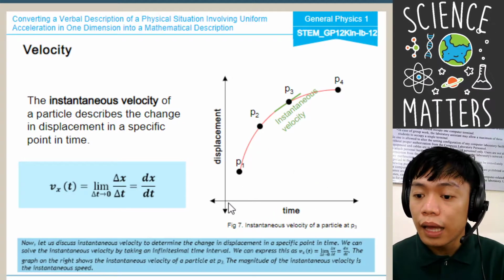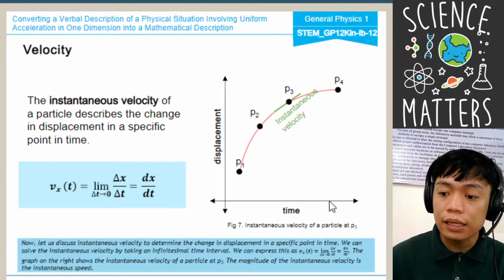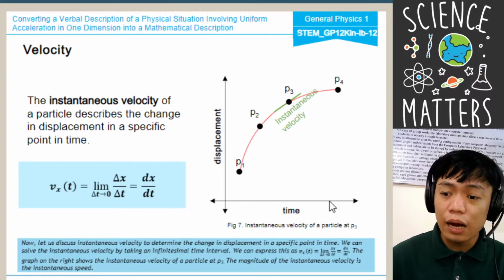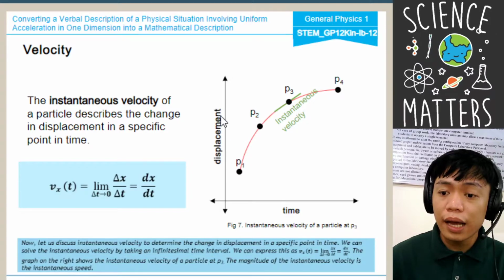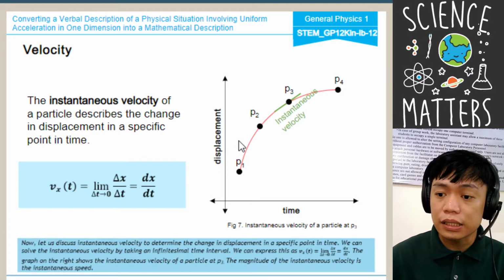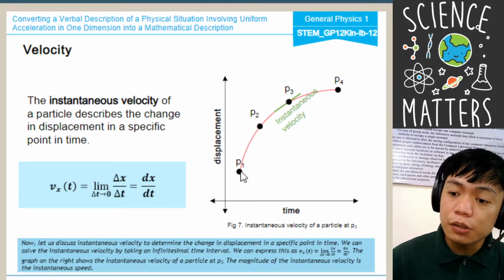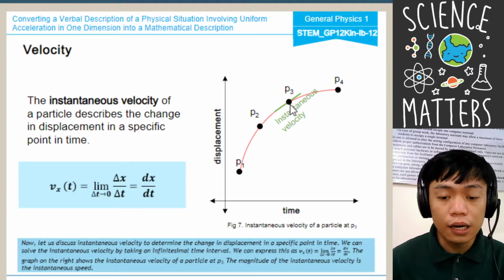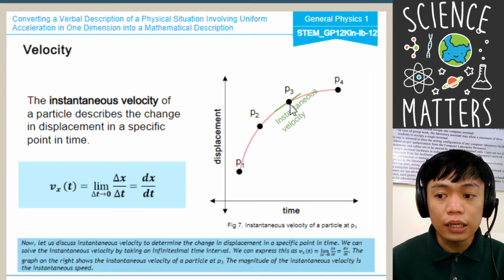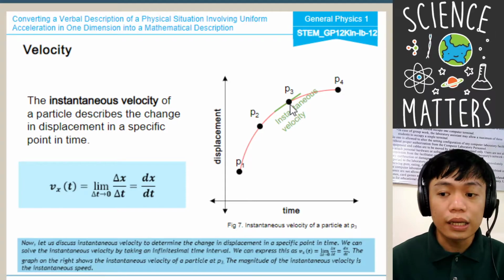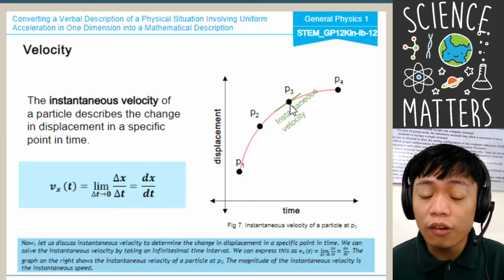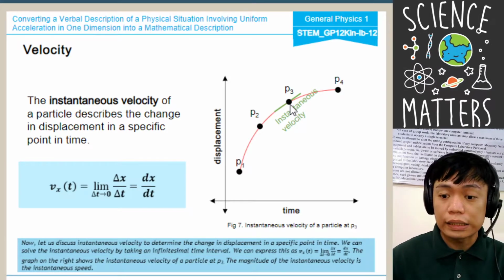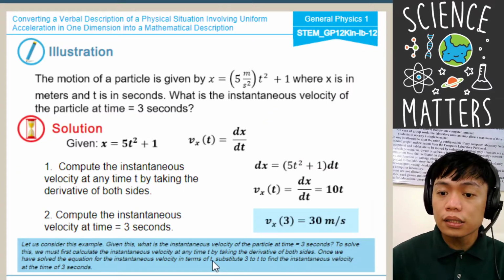So now, the x-axis symbolizes our time, and the y-axis will be our displacement. So in the first position, second position, and the third position, we can see that the third position is the instantaneous velocity of the moving object. Okay, so let us continue.